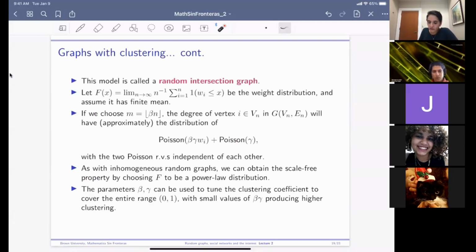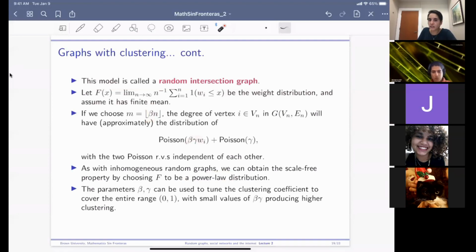Moreover, these parameters allow us to do interesting things with the clustering coefficient. If we pick the distribution of the weights to be a power law or scale-free distribution, so anything that decays as x to the minus something for some constant, then it turns out that we can obtain non-negligible clustering coefficients in the limit. And we can characterize the clustering coefficient of the graph based on the parameters beta and gamma.